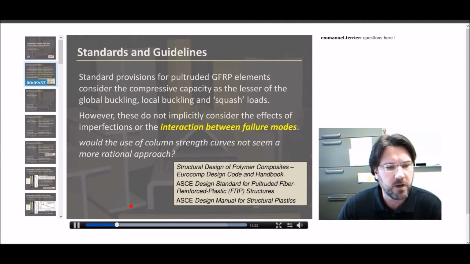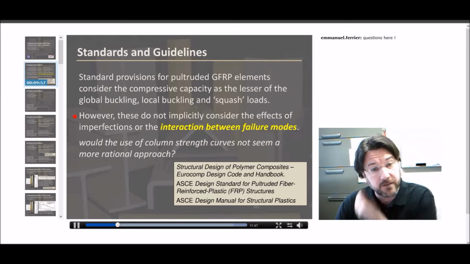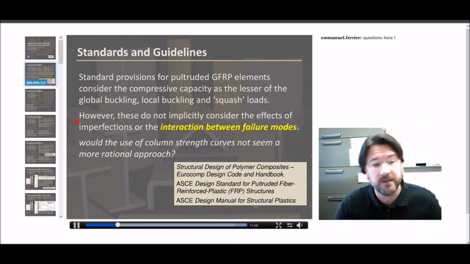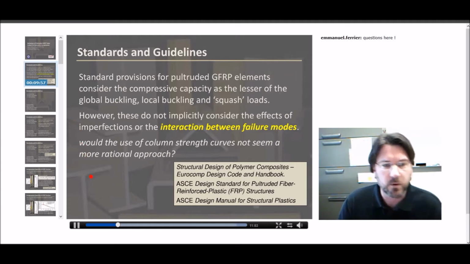This works very well for isotropic materials like steel, but it ignores the interaction between failure modes, in particular between global and local buckling, which becomes more significant for orthotropic materials such as FRPs.